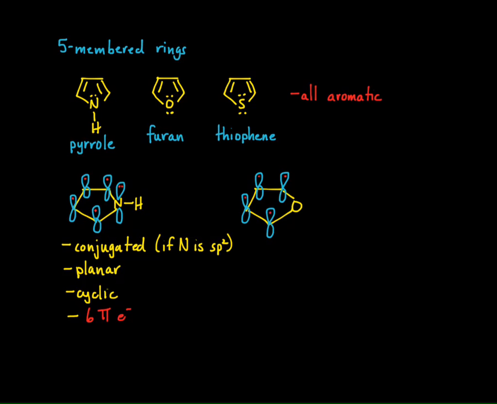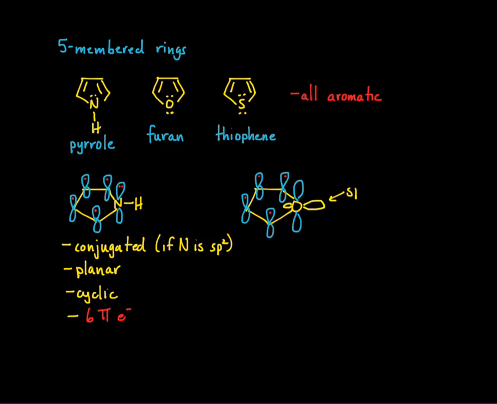We can do the same thing for furan as well. Again, all of the carbons obviously are sp2 hybridized. The oxygen, we would assume at first glance is sp3 hybridized, but again, the structure tells us differently. Furan is a planar structure, and if the oxygen is sp2 hybridized, then it has a p orbital and it has an sp2 orbital.